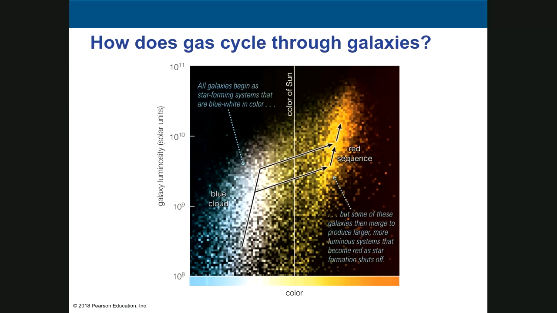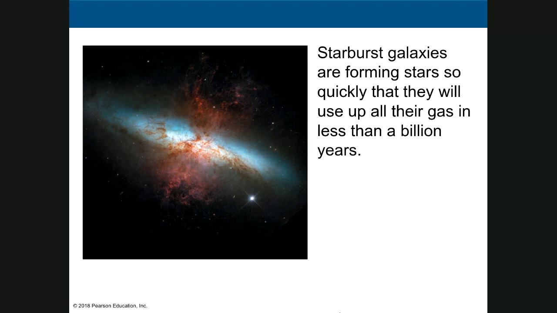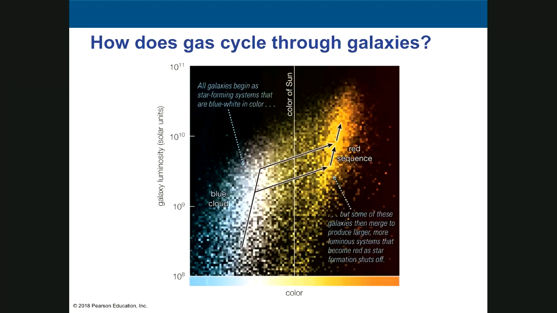And now we want to look at gas cycling through galaxies. What we looked at is the galactic recycling program, which gives you the lifespan of a galaxy. Galaxies are alive as long as they can form new stars. All galaxies begin, or are thought to begin, blue and white in color, being the young galaxies.